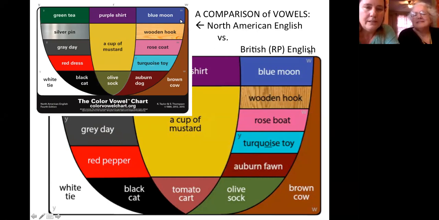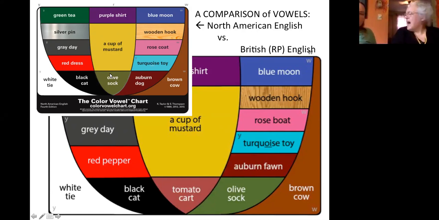If you look at Blue Moon, Wooden Hook, Rose Coat, Turquoise Toy down to Auburn, and here, olive, we have a change. From Black Cat onward in the British prototype chart, we have something different happening. I love talking about this. Robin, you want to tell us what's happening right here, starting with olive in the North American chart?